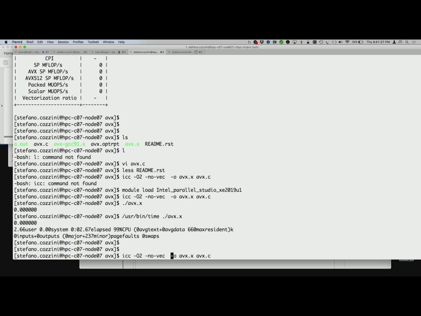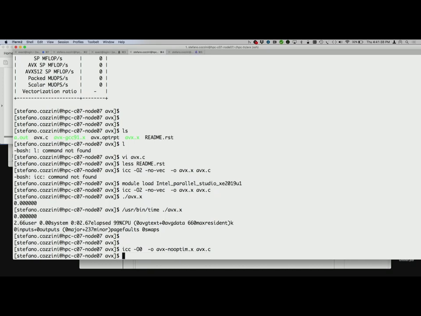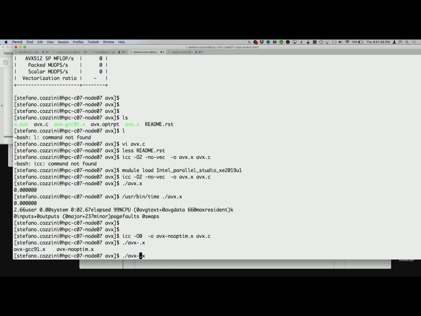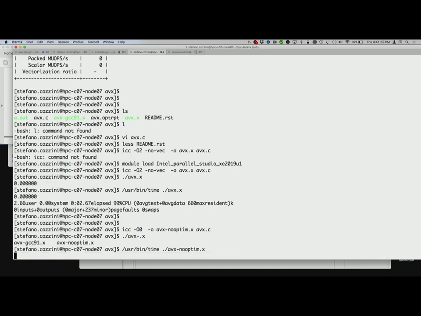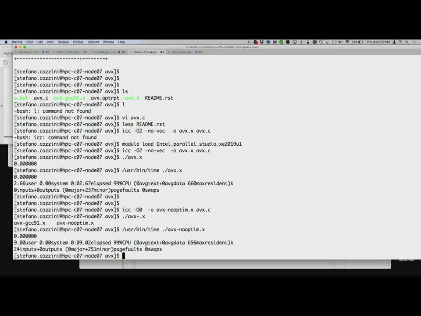If I compile it with minus O0 without any optimization, you see the difference, because the difference here is something like 9 seconds against 2.67, so it's quite good.